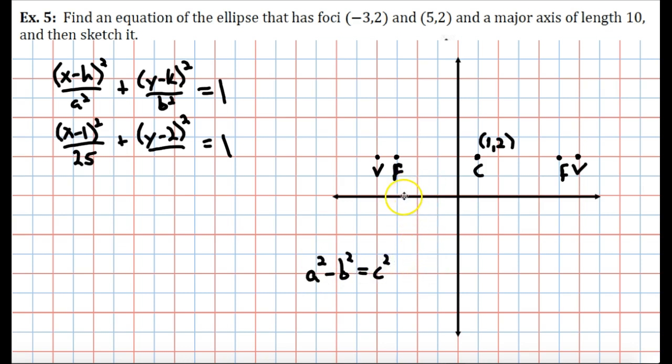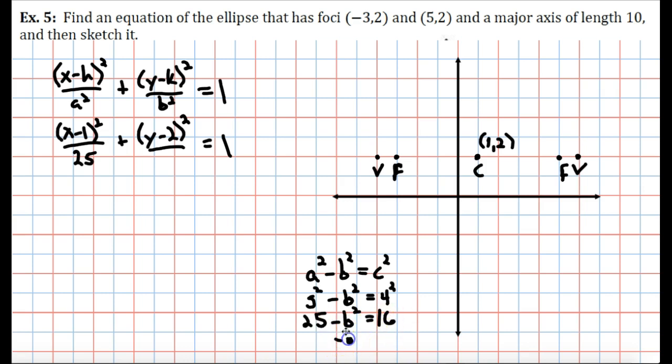Here we have the distance from the center to a vertex is 5, so 5 squared, and then we want to solve for b. Then c is the distance from the center to a focus, so that distance is 4, so 4 squared.